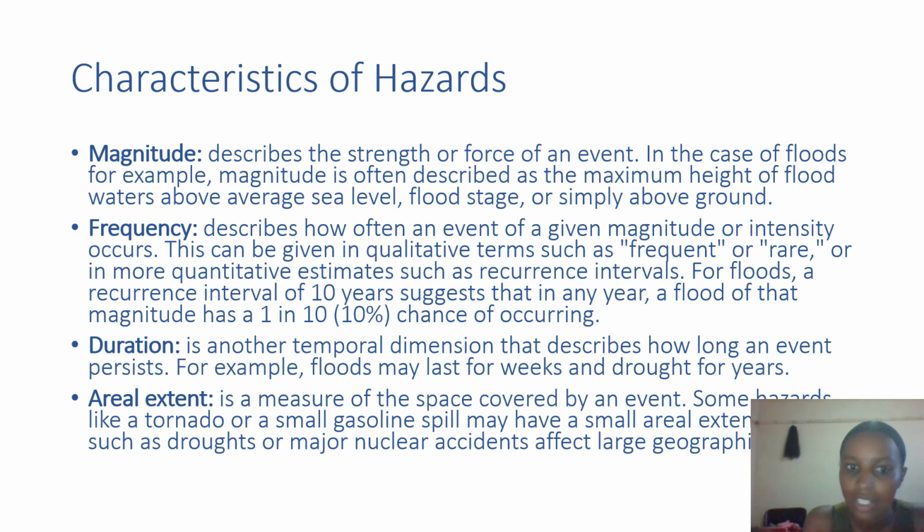We have the areal extent, which is the measure of space covered by an event, whereby some hazards like a tornado or a small gasoline spill may have a small areal extent, compared to drought, which may affect a large geographical area.